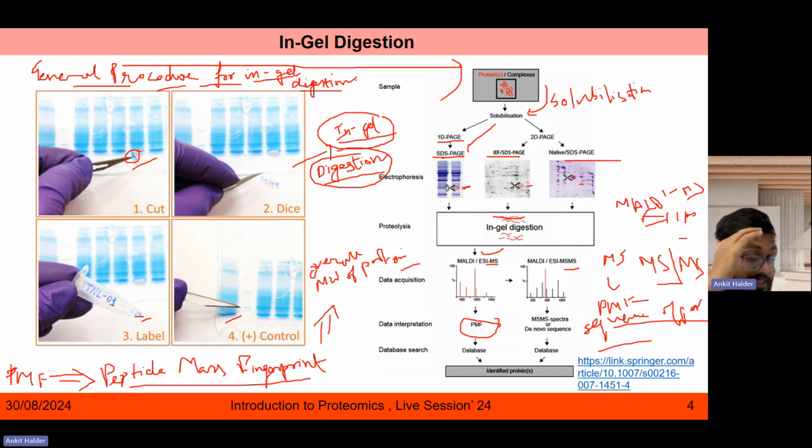Now I have told you the difference between peptide mass fingerprint and the databases where we can identify.